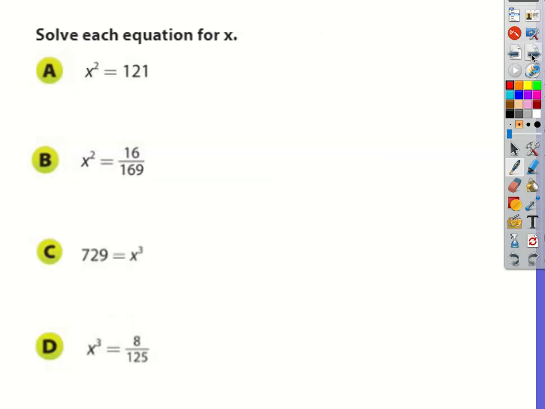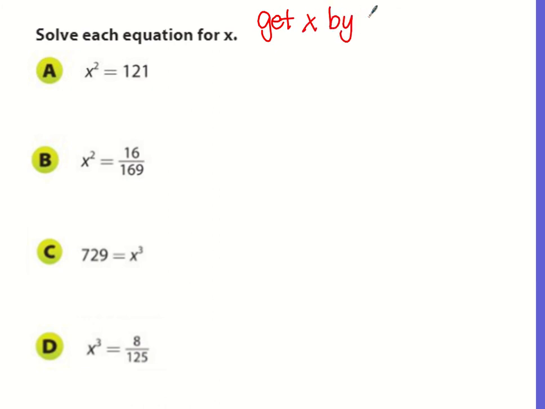All right. Let's look at square roots. So squares and square roots. If we're solving each equation for x, that means they want us to get x by itself. And when we're talking about inverse operations, what's the inverse of squaring something?